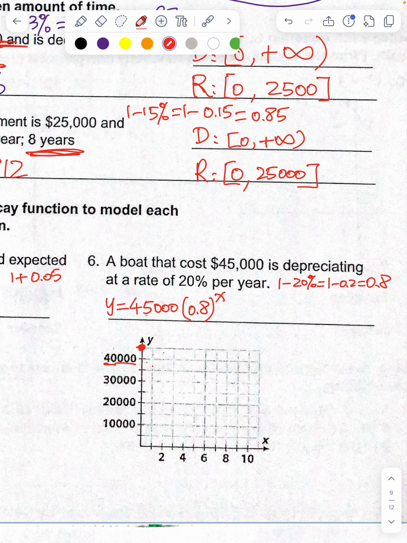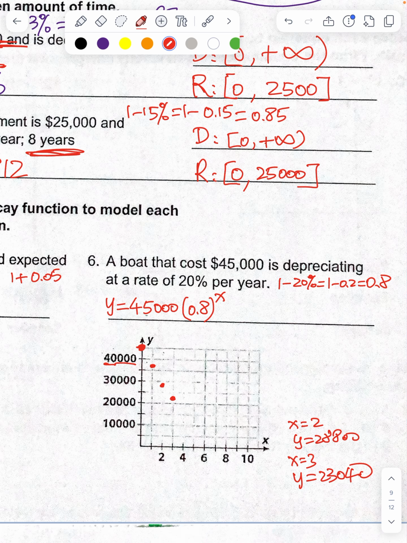At year 1, it's right here. What about year 2? When x equal to 2, the y value is 28,800, a little bit below 30,000, right? What about x equal to 3? When x equal to 3, y equal to 23,040. Something like this. Yeah, right here.